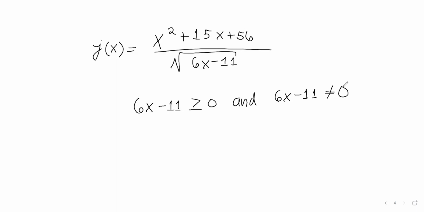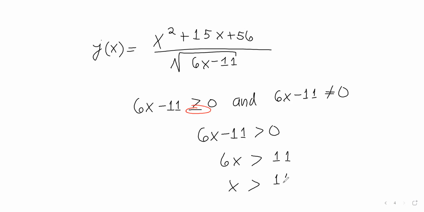This suggests that our equal to sign here will no longer exist, leaving it as greater than 0. Now we solve. Dividing both sides by 6, we get x greater than 11 over 6.